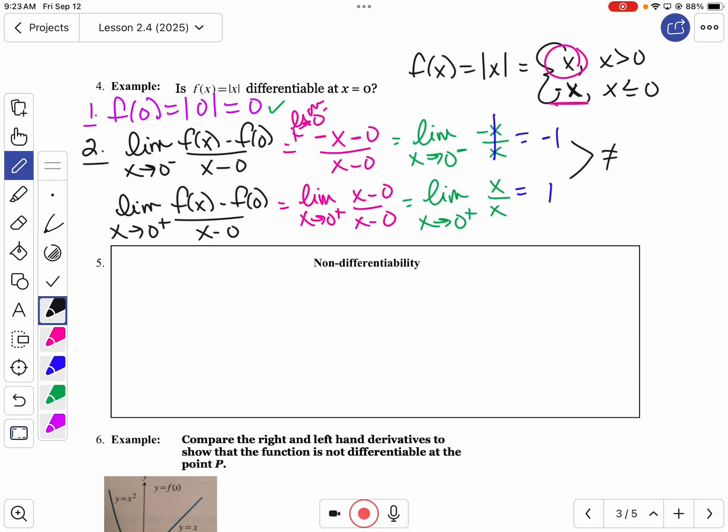Nope, those are not equal, so it is not differentiable. F is not differentiable at 0. Knowing what we know about an absolute value function, what happens at 0 in an absolute value function? Yeah, there's that corner. So that's why.